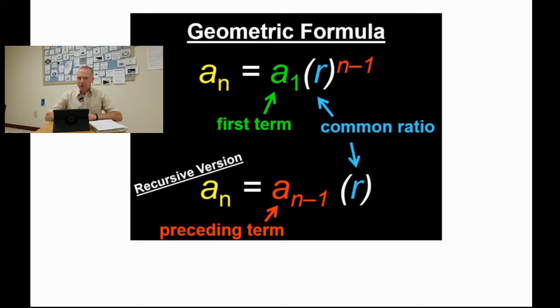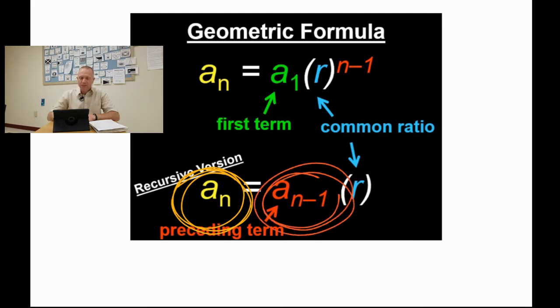There's also another version of this. We call it recursive. Sometimes this can start to get a little bit new for students, but recursive just means that the only way that I'm going to know the next term is to know the term before it. And that's all this formula really says. It says that the next term, we'll call it a sub n, is going to be the term before it, a sub n minus 1, times another common ratio.